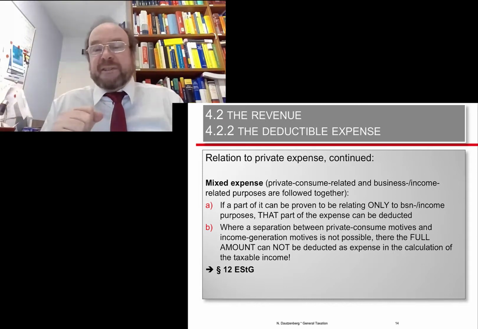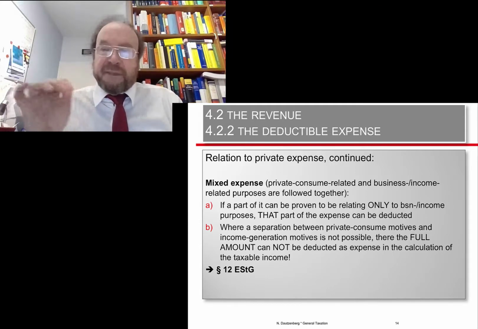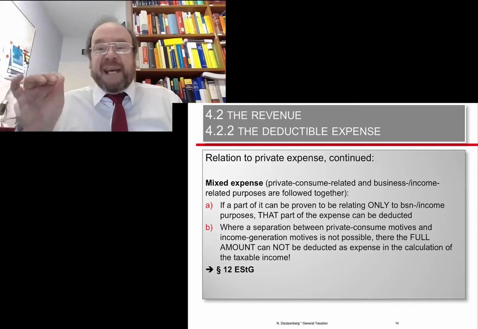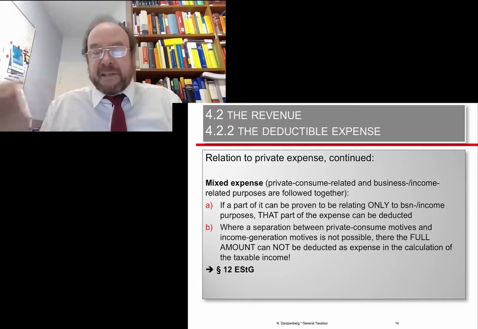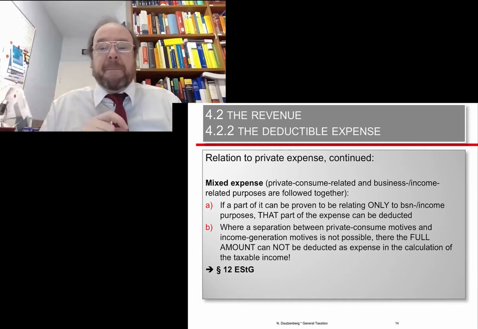And so the legislator's strategy is mixed expense is always regarded as privately infected, so it's banned from deduction. It's not an income related expense. The only thing which you could deduct is if you can prove that a certain amount of the expense which you incurred is entirely and absolutely caused only by income motives.